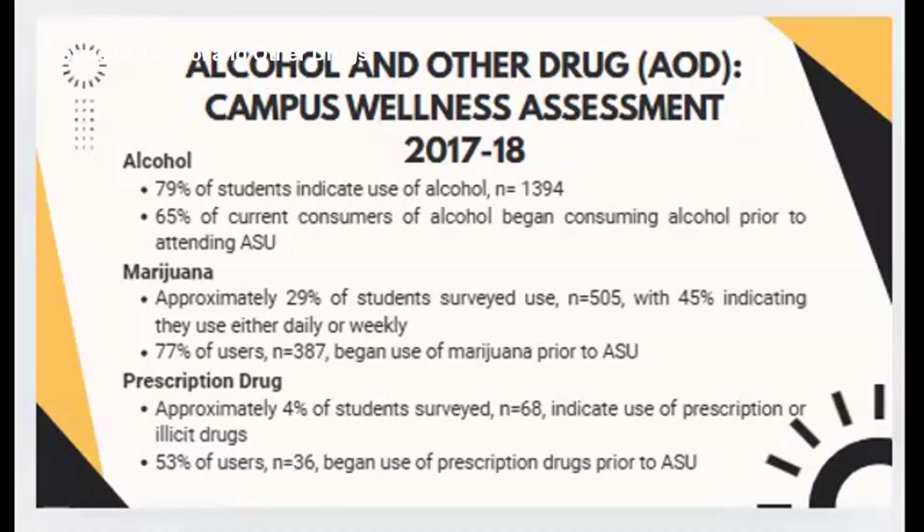About a third of students used marijuana, and most of those were users prior to college as well. 4% of students used prescription pain or other illicit drugs, and half of those using these other drugs began that prior to college. So locally, a large number of students could benefit from harm reduction related to their own substance use.